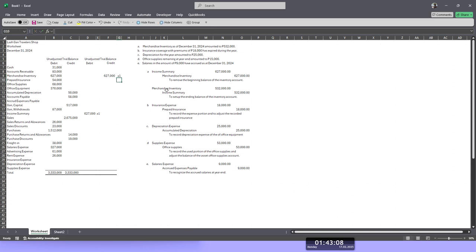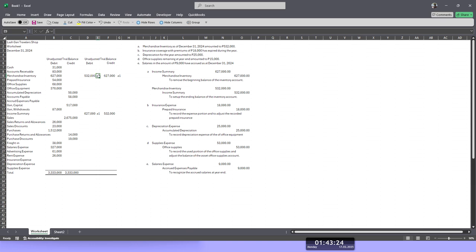Then the next adjusting entry is debit merchandise inventory 532,000, and credit income summary 532,000.